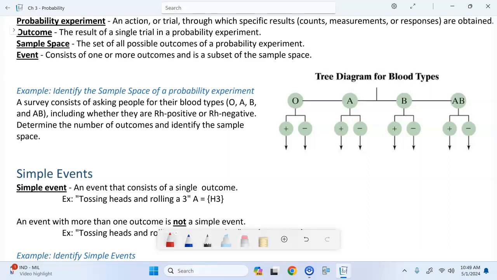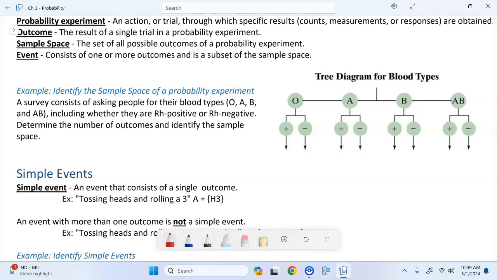So when we're surveying about blood types, most commonly we look at the blood type among A, O, B, and AB. And then we also include whether they are Rh positive or Rh negative. A lot of times you'll see people say, oh, my blood type is O positive or B negative. So we can use a tree diagram to break all of this down and identify the sample space.